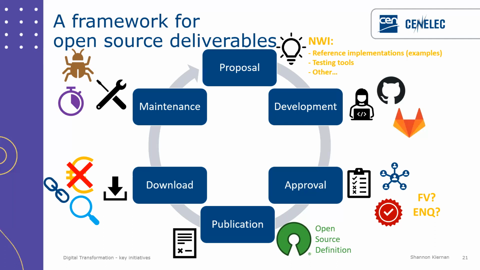So some similar challenges there. So in short, a new deliverable type, which coexists along with our existing deliverable types and is complementary to them because it might relate, for example, to a European standard.